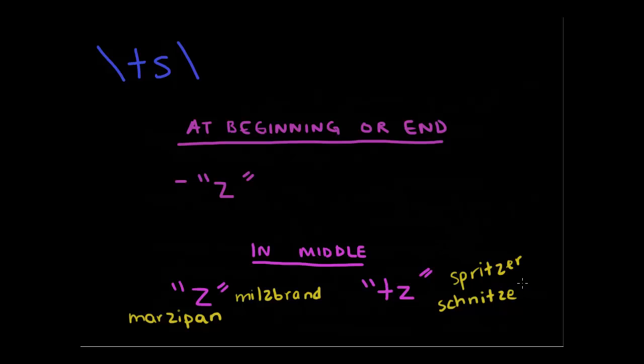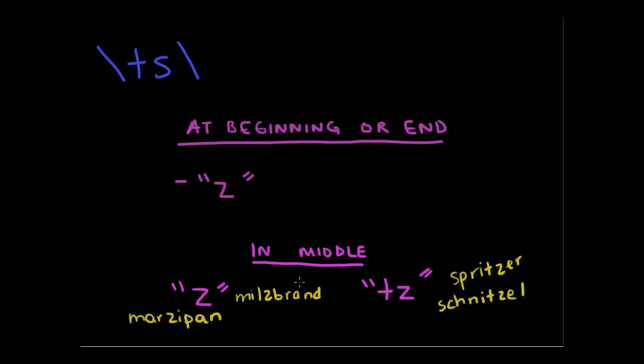Again, at the beginning it's going to be just a Z, but in the middle it could be either a Z or a TZ. And the way to figure that out is really just whatever makes sense. You have to know the word and you have to learn whether it's a Z or TZ in order to figure it out. If you know certain roots, that could help you. If one doesn't look right at all, completely wrong, then you know it's going to be the other.